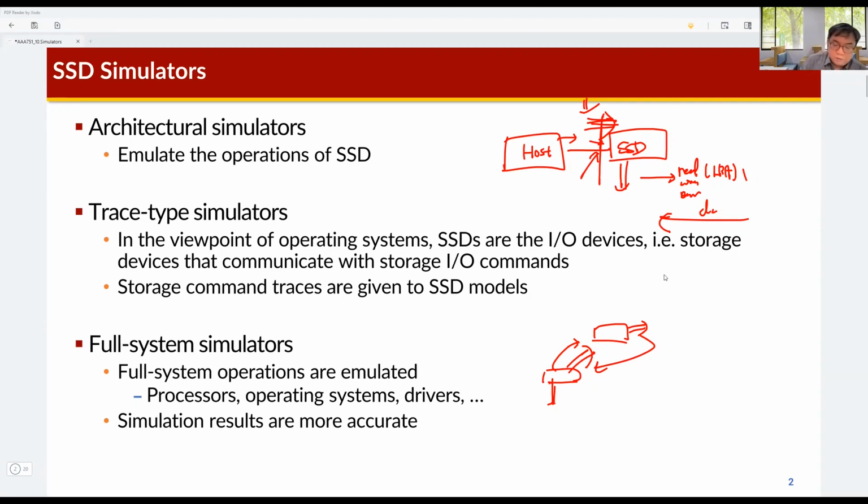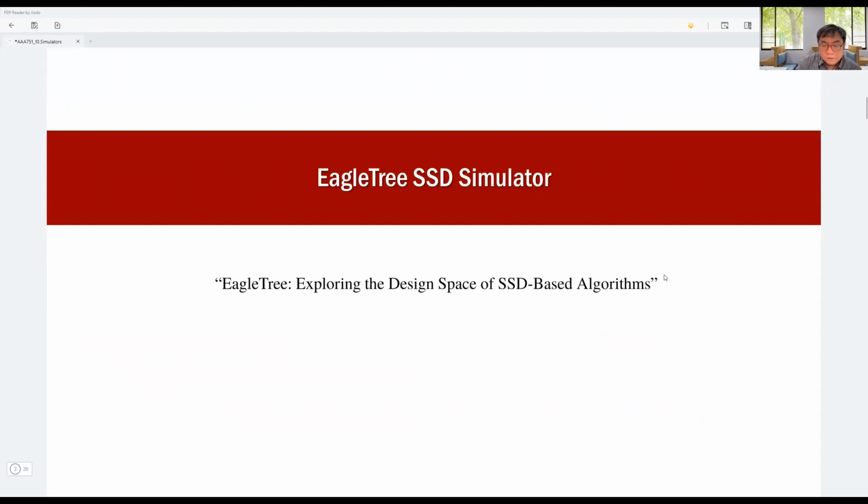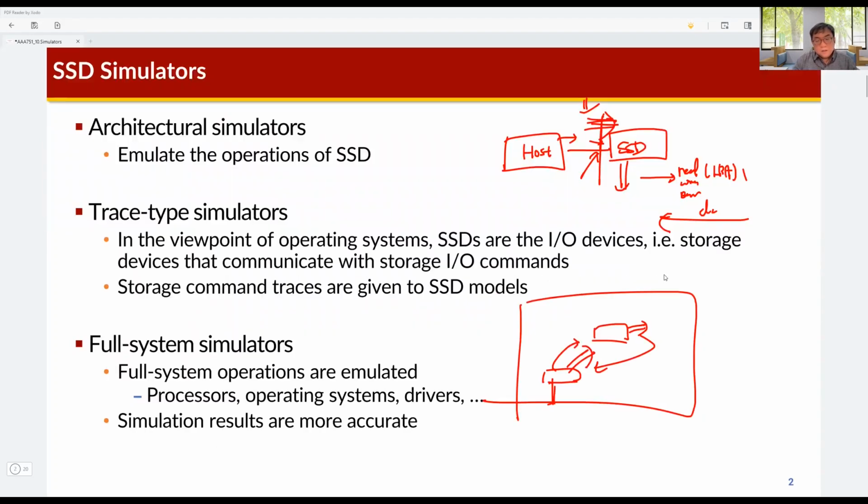The full system simulator is a full system operation using both full system simulators and SSD models. Okay. So now we introduce one trace type simulator and one full system simulator.